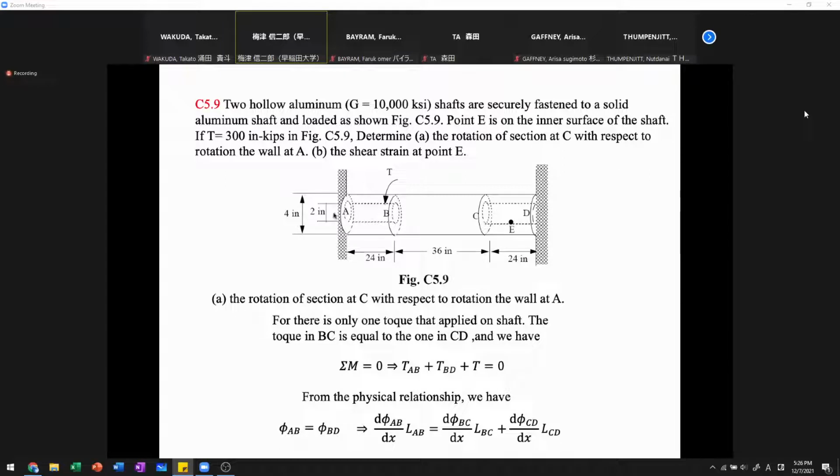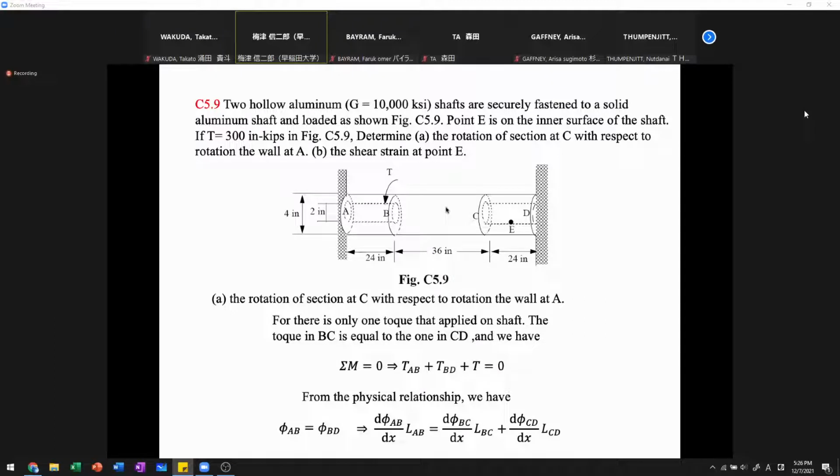Here is the structure, and AB is constant, so that is expressed like this. On the other hand, phi BD is composed of the BC part and the CD part. So the I is different. This is a hollow shaft, and this is a solid shaft.